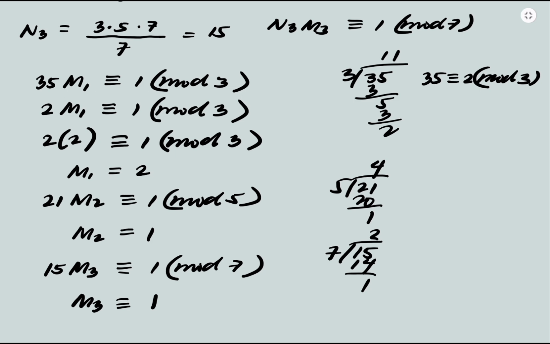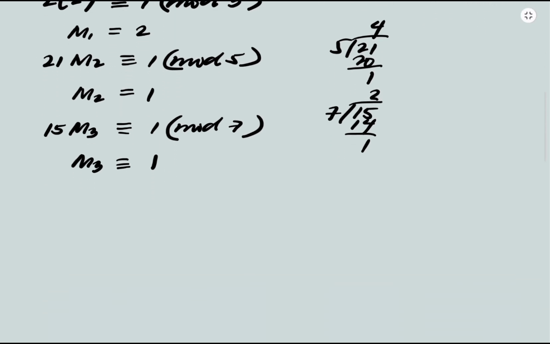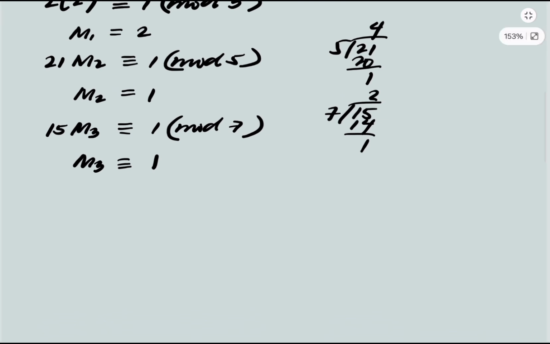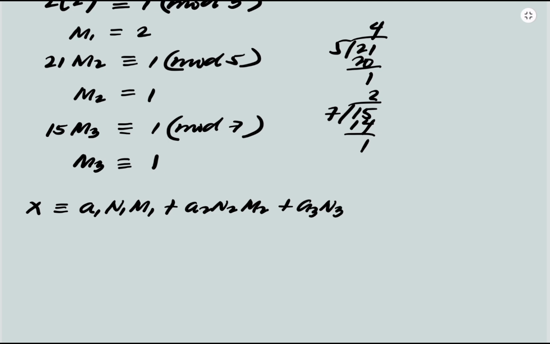Now, the next step is to apply the Chinese remainder theorem formula. The Chinese remainder theorem states that given congruences, x is equal to a sub 1 times n sub 1 times m sub 1 plus a sub 2 times n sub 2 times m sub 2 plus a sub 3 times n sub 3 times m sub 3, and so on.